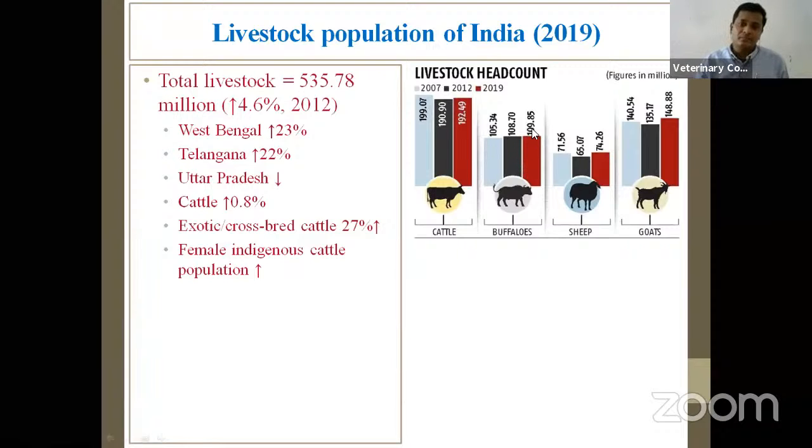Buffaloes are 109.85 million heads, sheep 74.26 million, and goats 148.88 million. These are the numbers of milch animals. In addition, there are miscellaneous animals such as camel and others that also constitute.